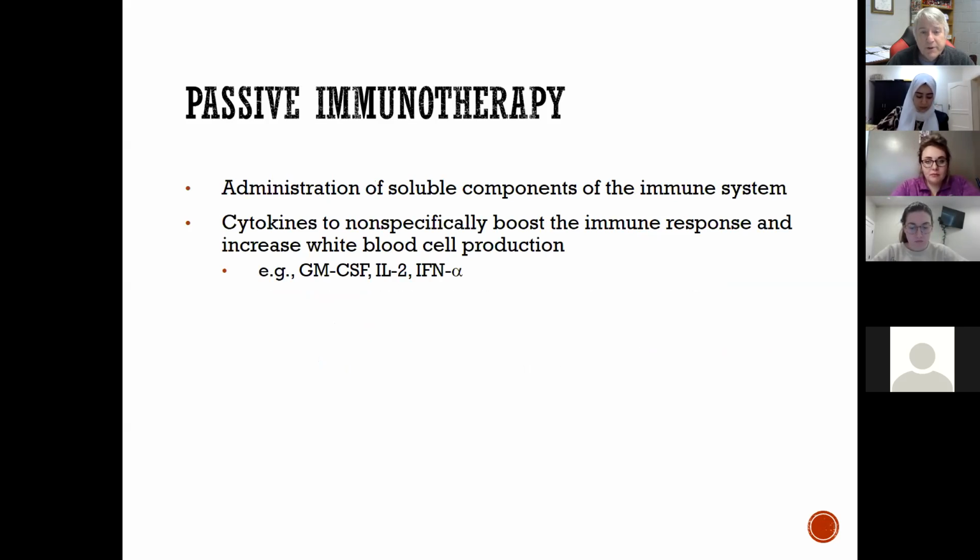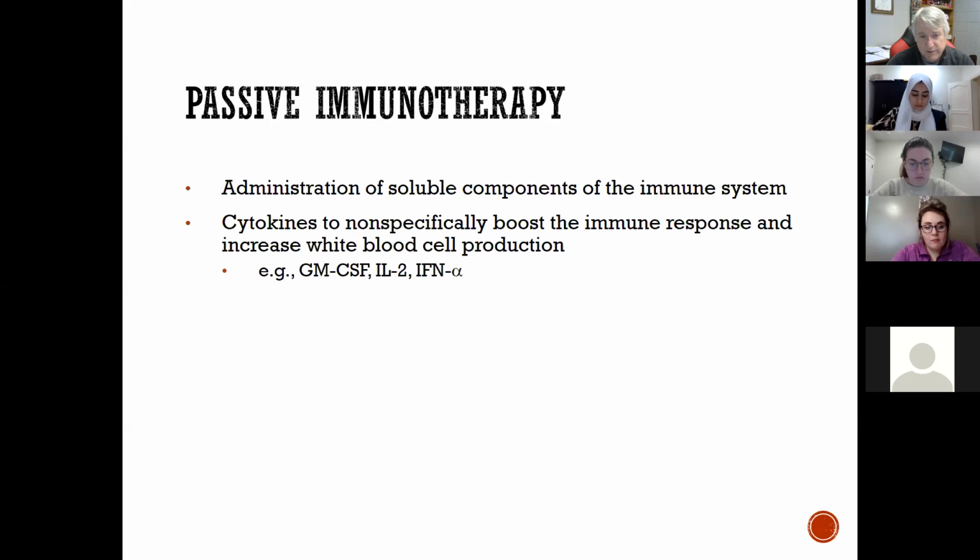Passive immunotherapy: we give parts of the immune response. So we administer soluble components of the immune system, cytokines, okay, to non-specifically boost the immune response and increase white blood cell production. We see some of our familiar faces here: interferon alpha, interleukin-2.